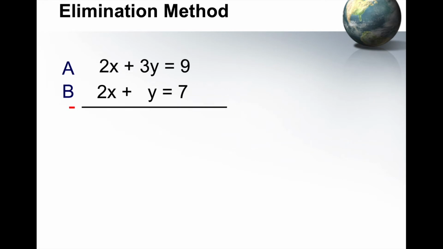So we subtract both equations and 2x is gone, and you end up with 2y. 3y minus y is 2y is equal to 9 minus 7, which is 2. Divide both sides by 2 and you have y is equal to 1.